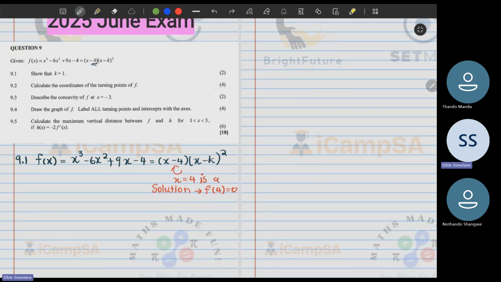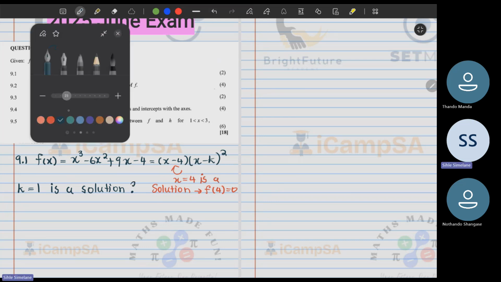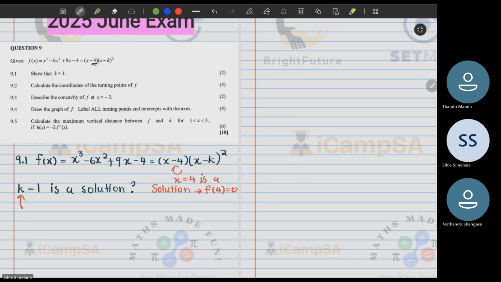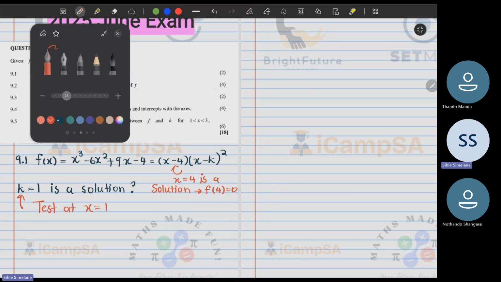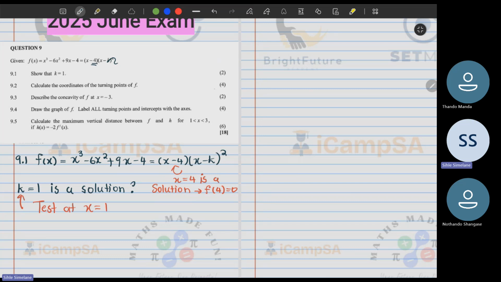If they are saying show that k is equal to 1, then it means that k equals 1 is a solution. So how do you test the solution? We are going to go and test at x equals 1, because that is what they are saying the k is.